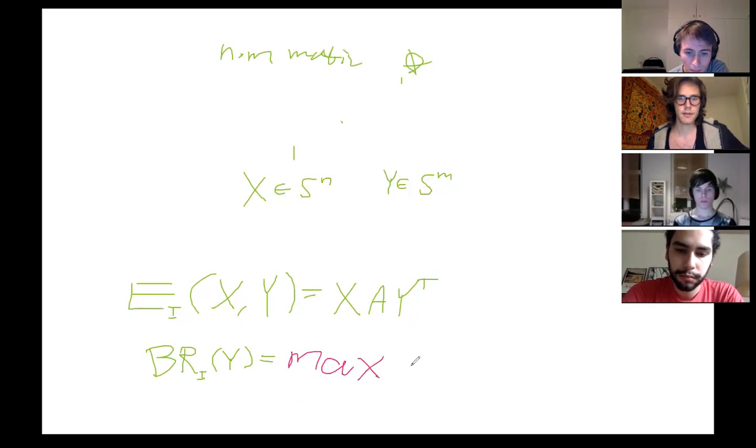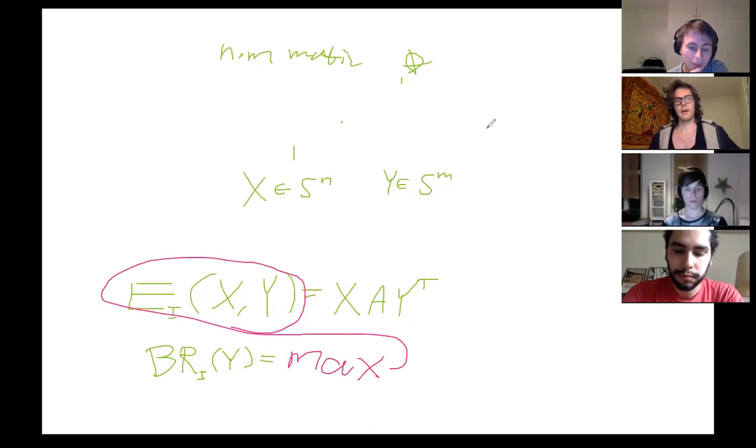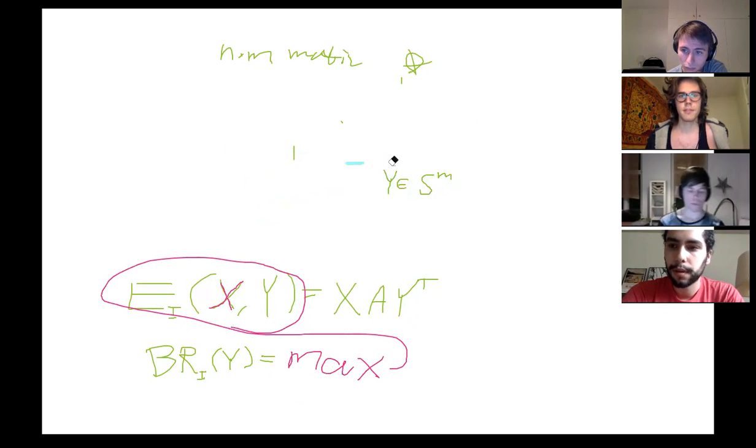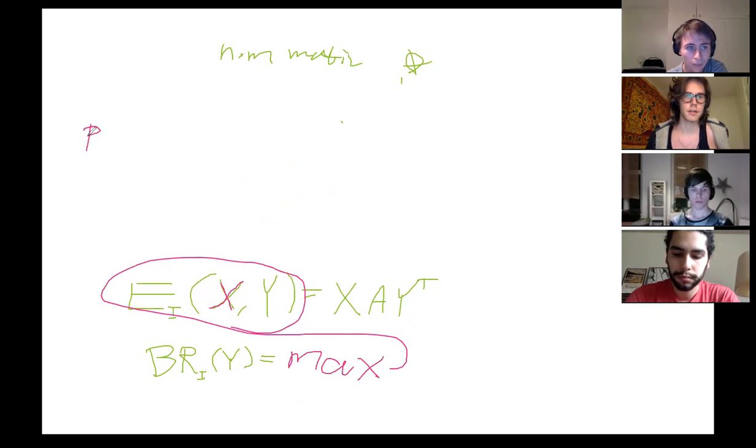Max this, with X being the variable. Actually, to write this properly, the best response is a set valued function. So I'm going to write down exactly what it looks like.